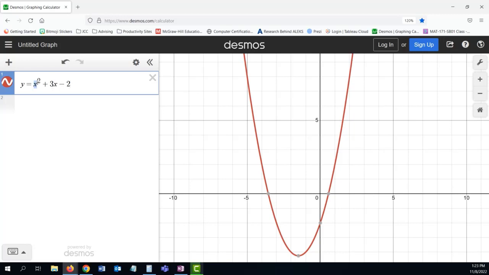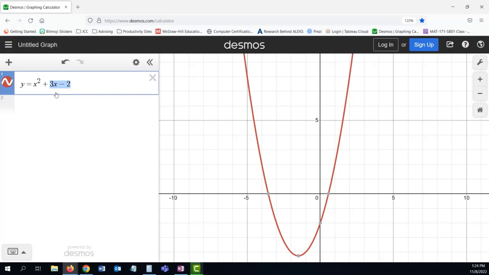That would be 1,000,000 squared plus 3 times 1,000,000 minus 2. 1,000,000 squared is so many times larger than just 1,000,000 that as my end behavior kicks in, I ignore every term except the leading term. The leading term is going to determine what my end behavior is.